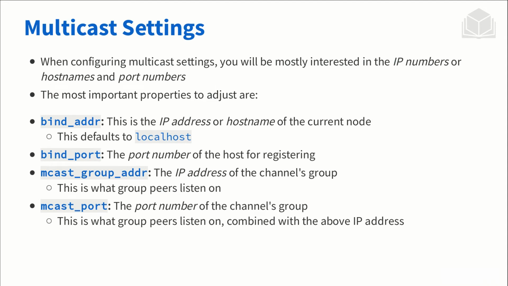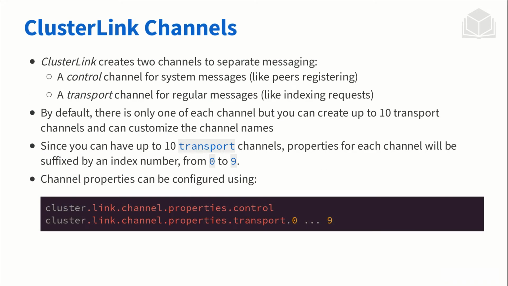Here are the settings. You can determine on which of the network adapters you will communicate, the bind address, bind port, and then the group address and the group port. This is what all the machines should share, or must share, if they should communicate with each other.